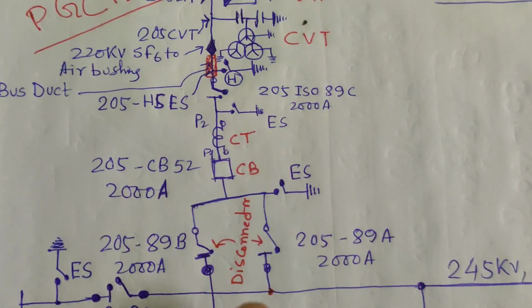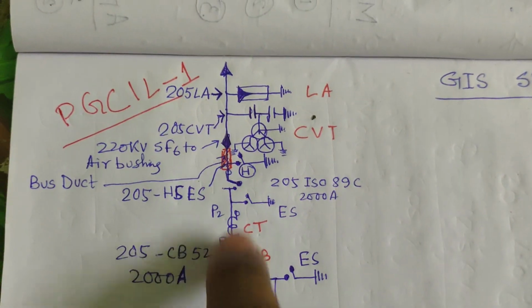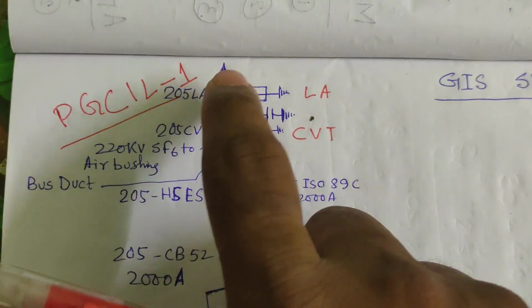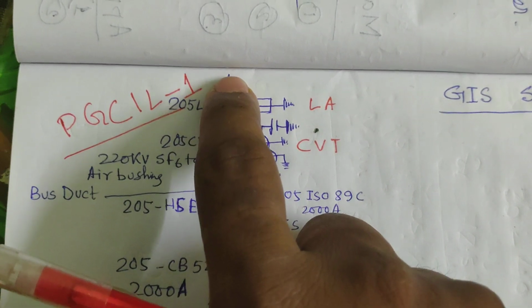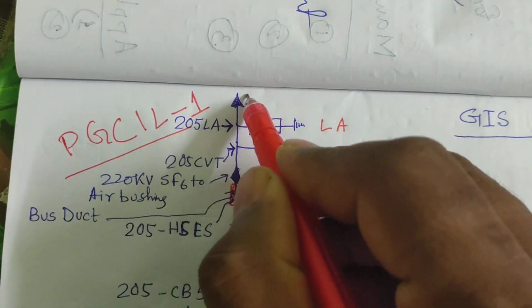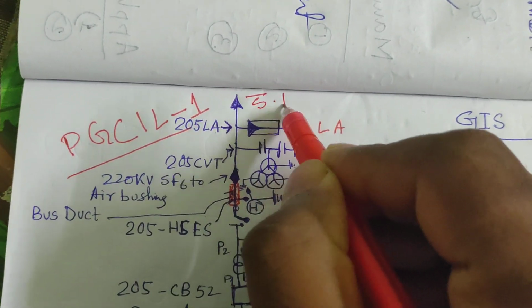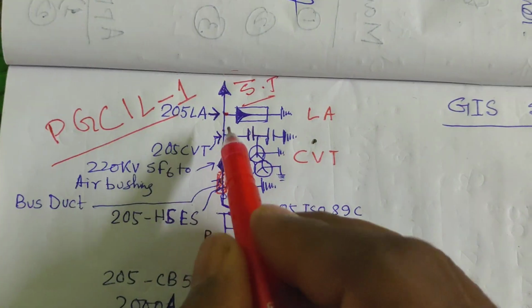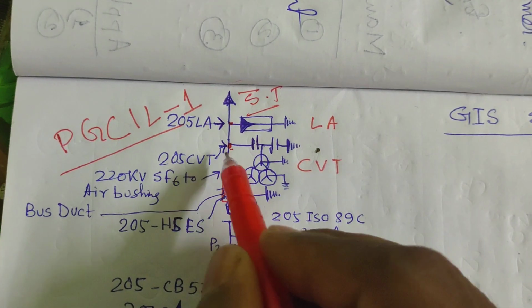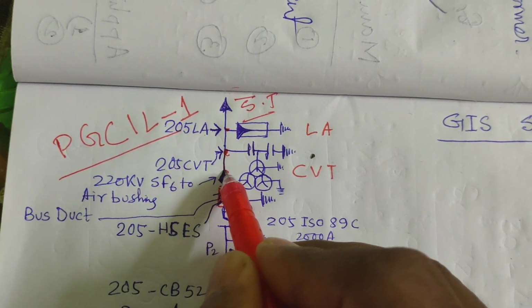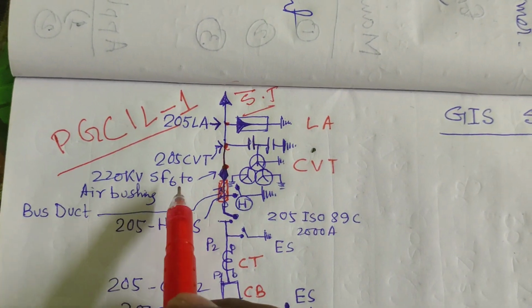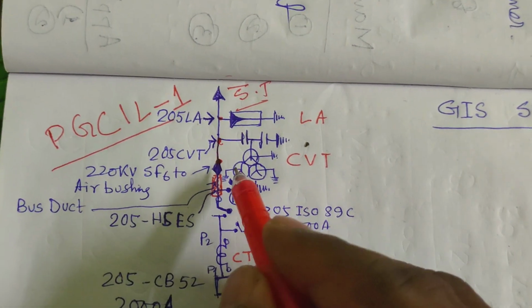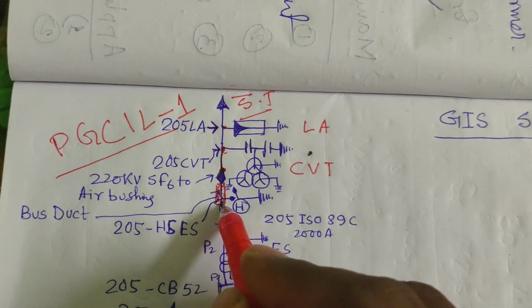It is coming to the substation, the incoming line. This is the incoming one. Suppose the first is the tower, here the section tower, ST. From the section tower it is coming to the LA and then CVT, and then it is connected with the 220 kV SF6 to air bushing, and then the bus duct.